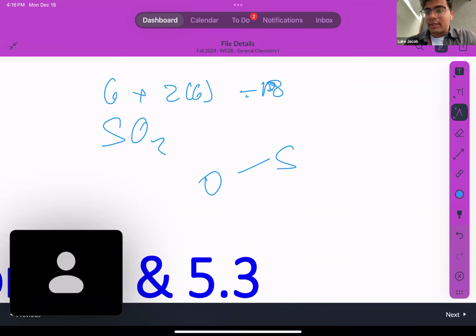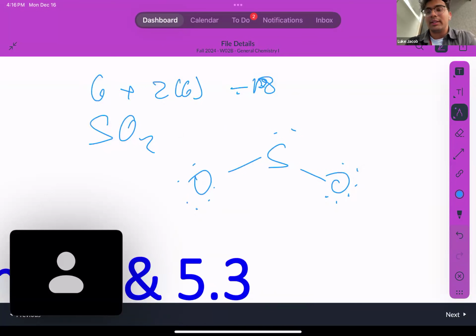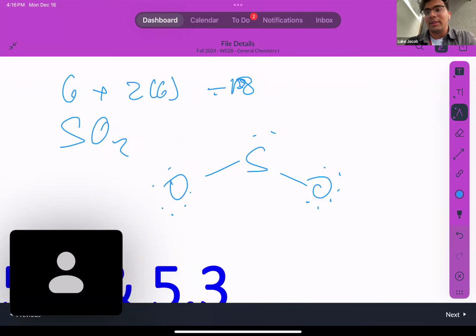First thing would be something like this, okay? While this is a valid Lewis structure, it solves the octet rule and whatnot, the formal charge is not fully there, right? This is a -1, this is a +2, this is a -1.